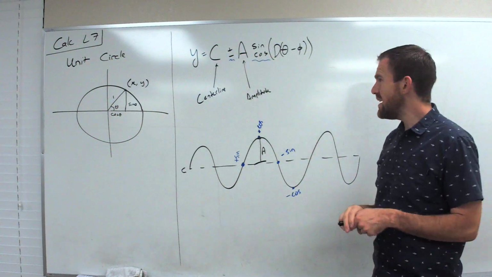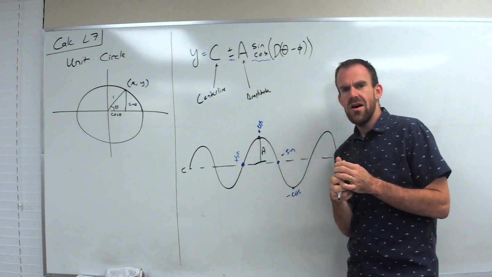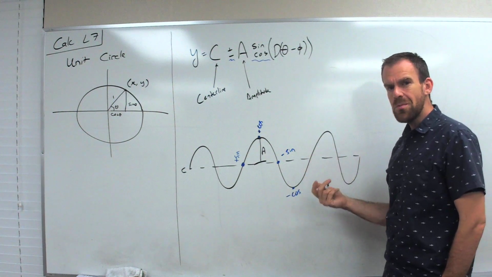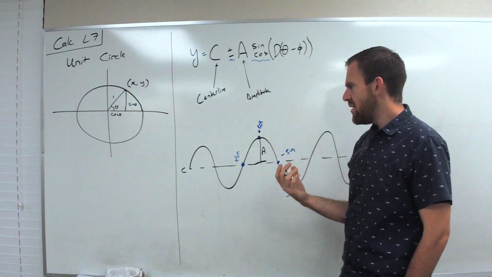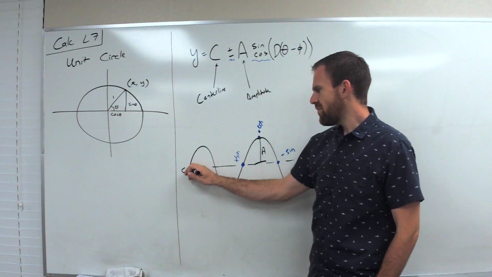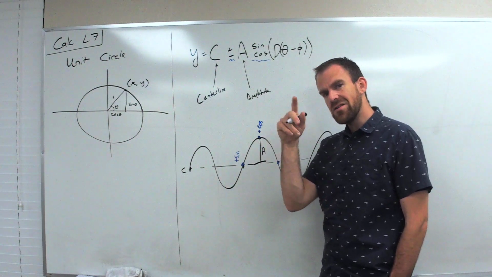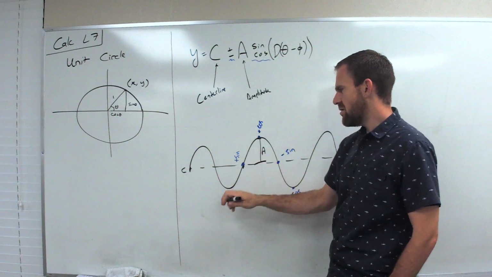Finally, we have d, which is going to have to do with how quickly the sinusoid repeats. So what I'm going to do is find 2 points where the sinusoid is in the same spot in the repetition, like here and here. It's in the middle going up, here it's in the middle going up.